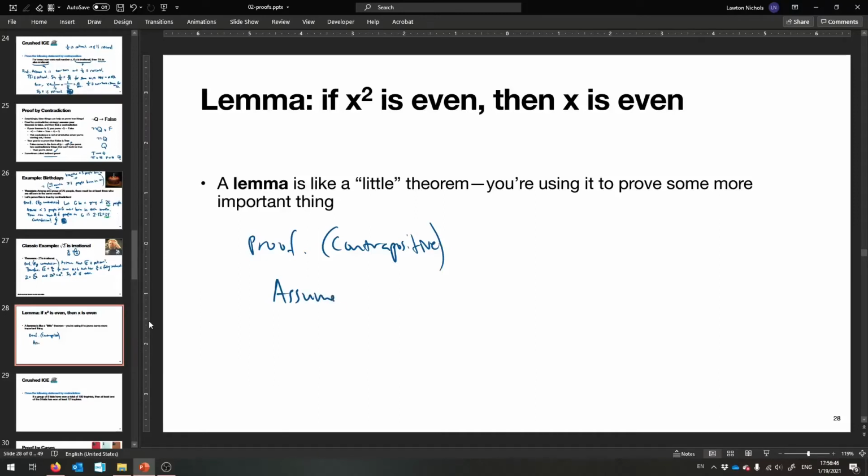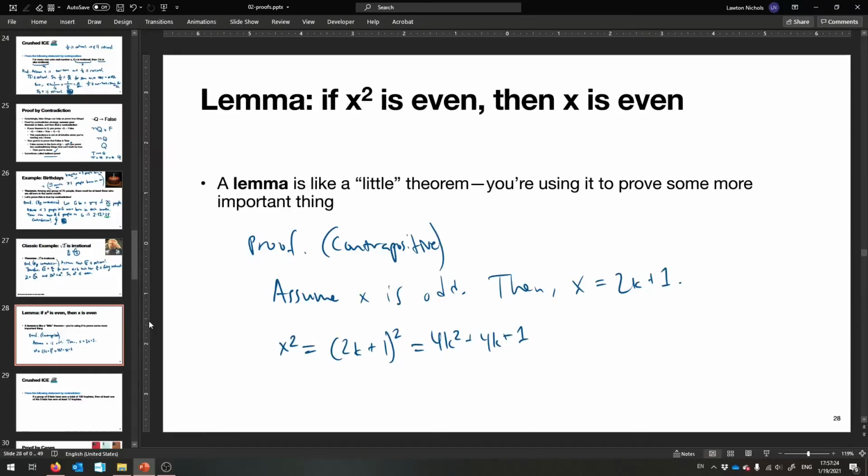Assume x is odd, then x equals 2k plus 1 for some k, and then x squared, if we expand, x squared is equal to 2k plus 1 squared, which is equal to 4k squared plus 4k plus 1.